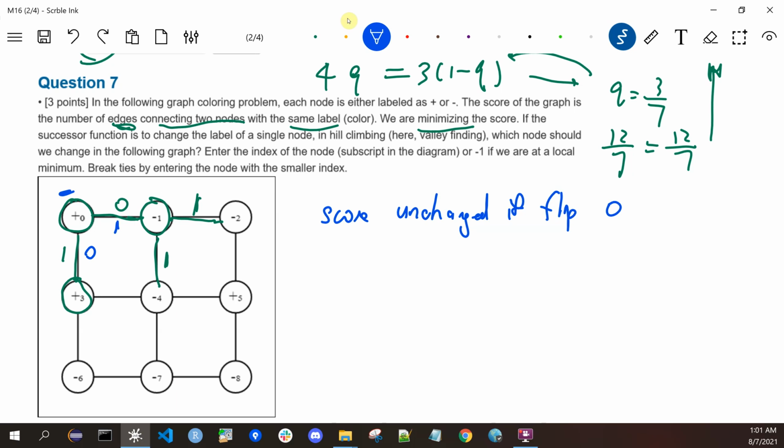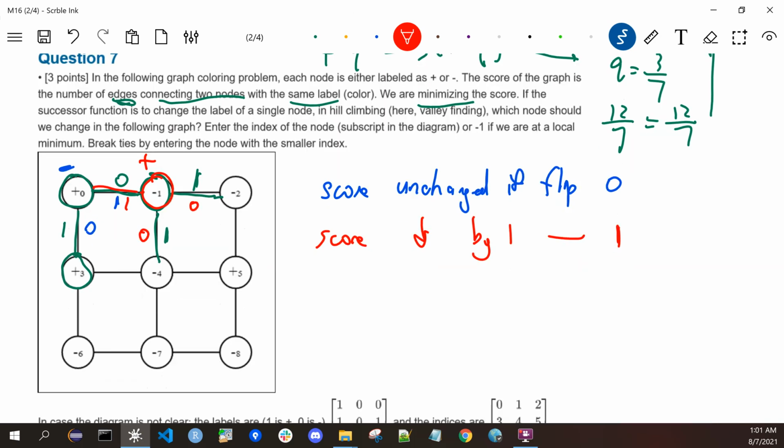Let's use a different color. We're changing this to plus, so this will be 1, and this will be a 0, and this will be a 0. So the sum of these three is 1, and the original sum is 2, so the score decreased by 1 if we flip 1.